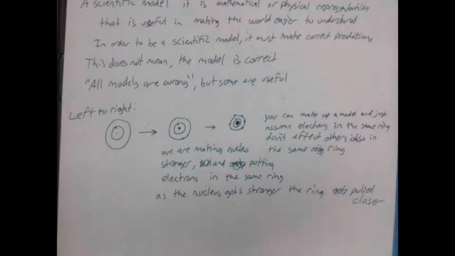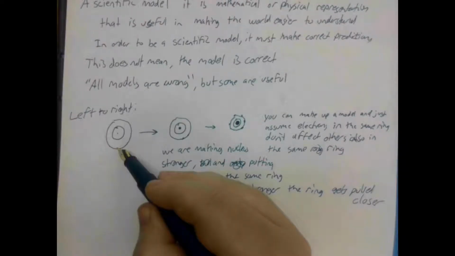Now then, if we have an electron here on the outside versus an electron right here, which is easier to pull away from the atom? The one that's really far away with a weak nucleus, or the one that's really close with a stronger nucleus?